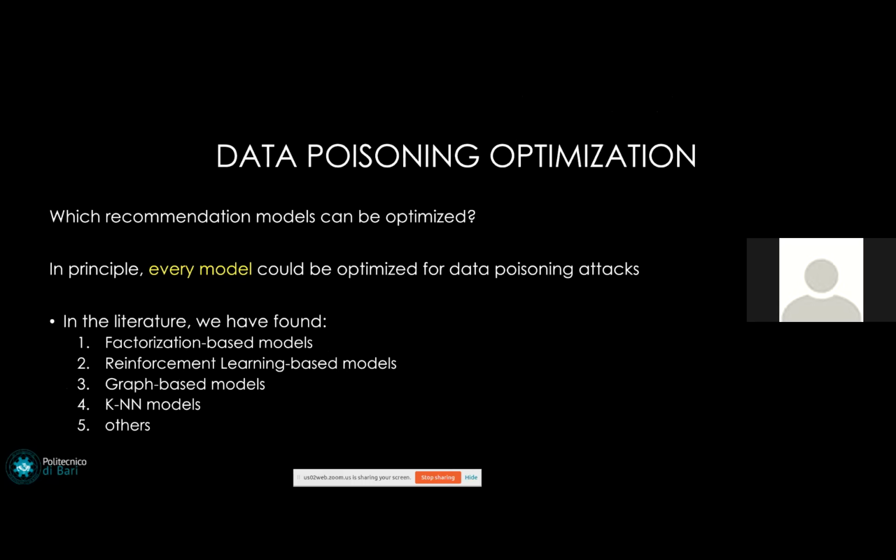Readers are invited to take a look at the book chapter we wrote in the Recommender Systems Handbook, 3rd edition, which I think will be available in a couple of months, for further information on data poisoning optimization attacks.